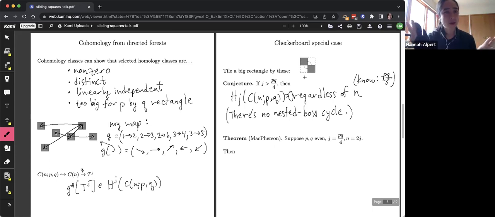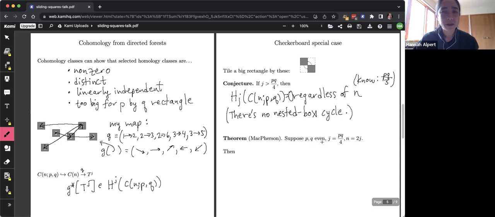And then on the other hand, if it's not 0, can you take a sequence of values of the size of the rectangle, the number of pieces, the degree of homology, and ask for the asymptotics of the Betti number, the dimension of homology. And so here we can ask what happens for this picture of tiling a big rectangle with these 2x2s. So that's the scenario I list here.